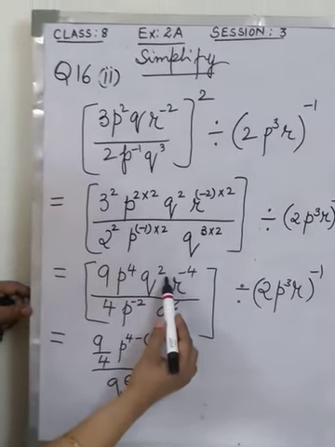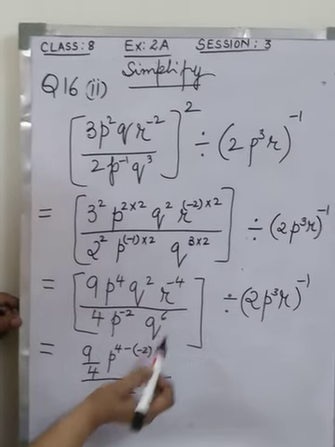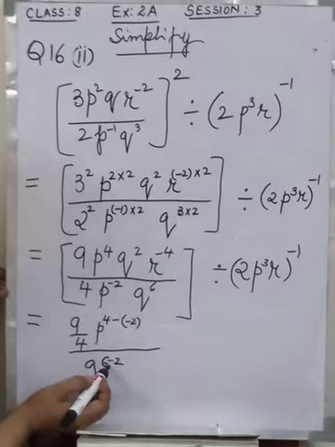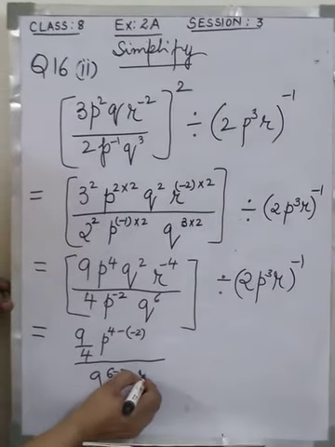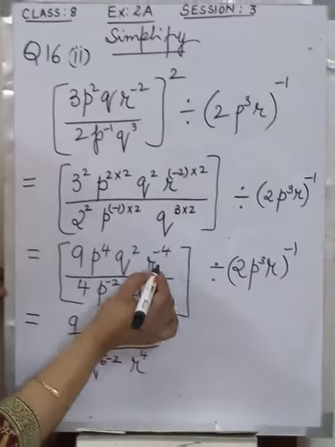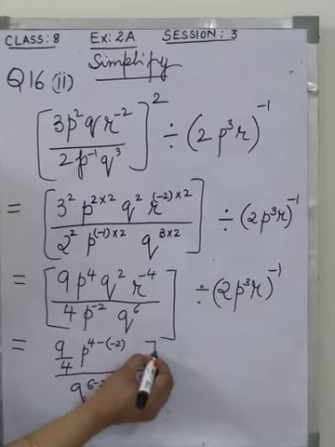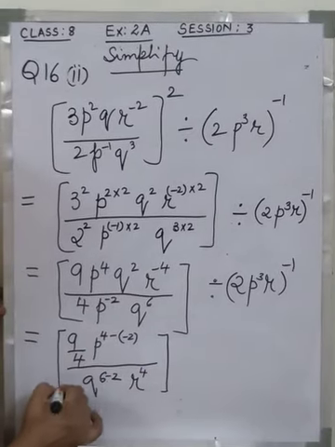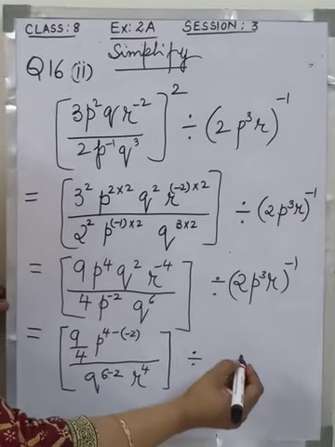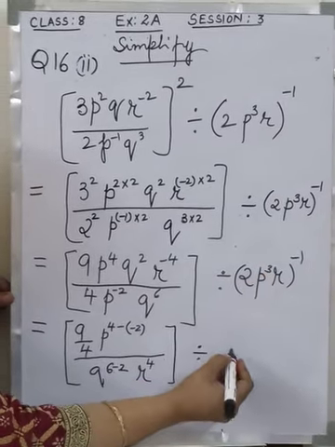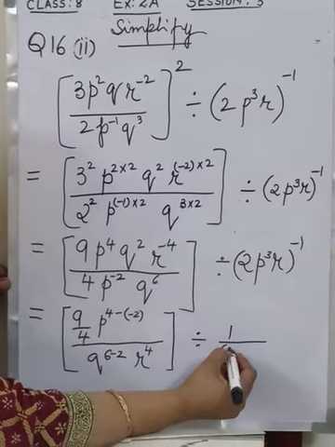Power of numerator is smaller and power of denominator is greater, so the power of numerator will come in the denominator with the subtraction sign. r is having negative power. We convert it into positive by writing its reciprocal, so it will come to the denominator. I convert this also into positive by writing 1 by its reciprocal.